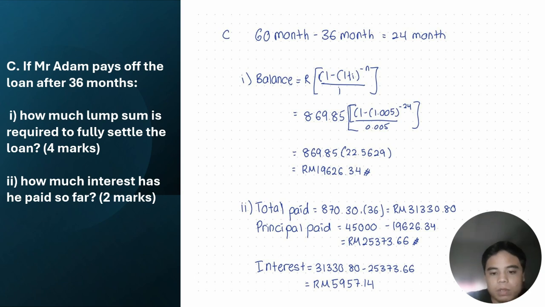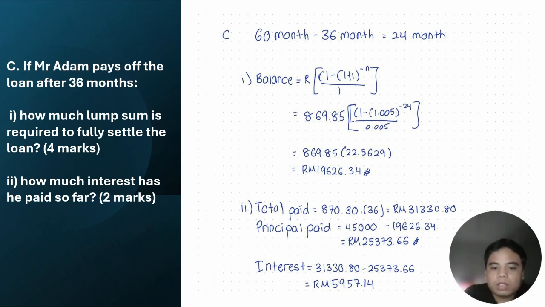The formula for looking for the balance is R, open brackets, 1 minus, open brackets, 1 plus i, close bracket, to the power of negative n, over i, and then close the brackets.